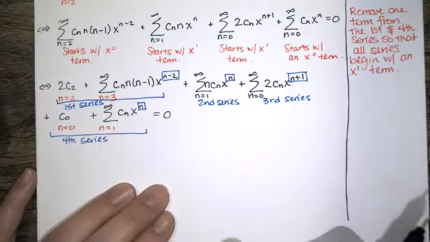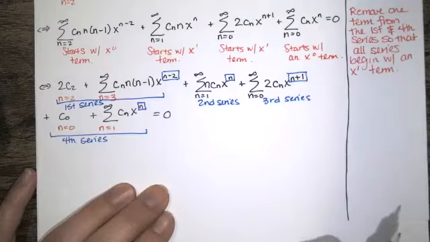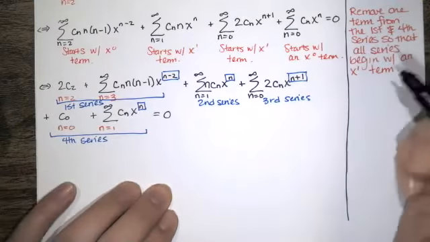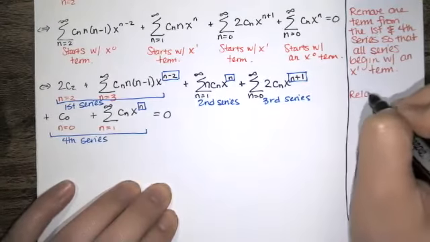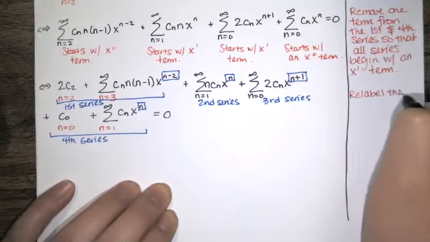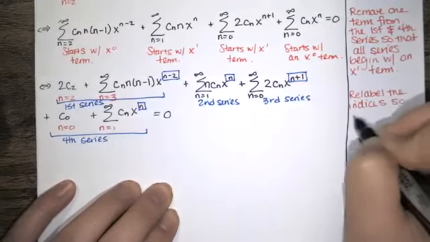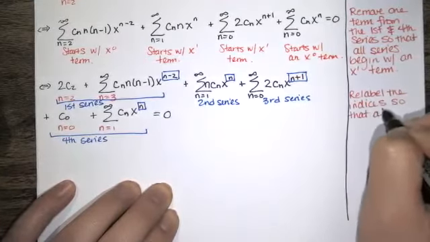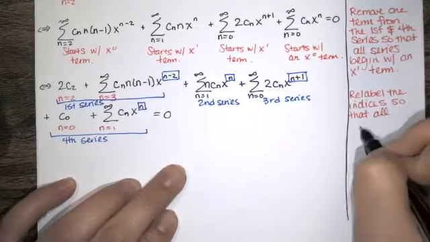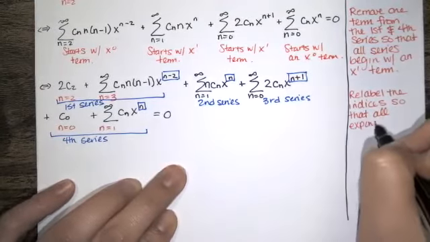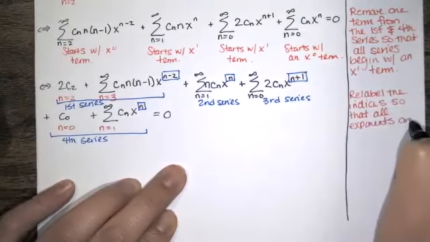And then we'll be able to add them all together. So we're going to relabel the indices so that all series here look the same. Or let's just say all exponents are identical.